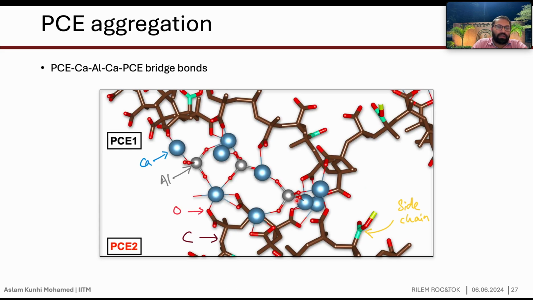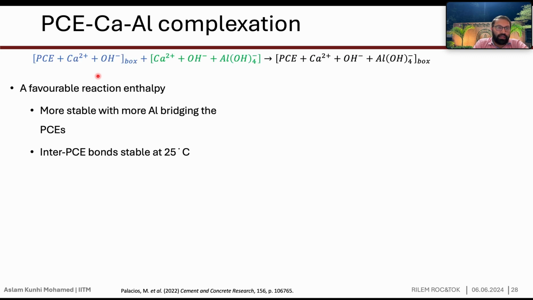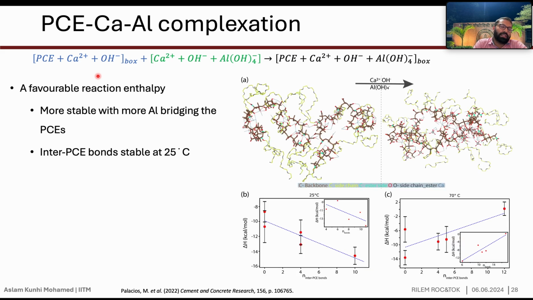What we found is that the two PCEs form inter-PCE bonds through a calcium-aluminum-calcium bridge. We also looked at the enthalpy of formation of these bridges and found that at 23 degrees Celsius the number of inter-PCE bonds is much more favorable, which means it really likes to form these nano aggregates. At higher temperature it doesn't, which means the PCE is available to adsorb on the C3S or CSH phases, causing more retardation at higher temperature.